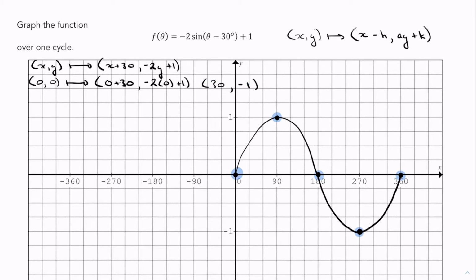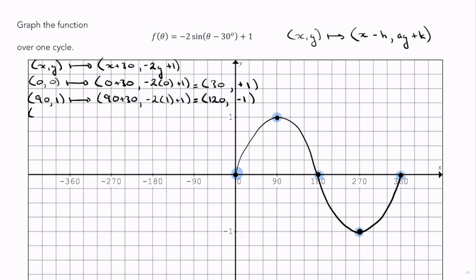Then I'm going to get 90, 1, and that's going to go to 90 plus 30, and -2 times 1 plus 1. That will bring us to 120, comma, -1.